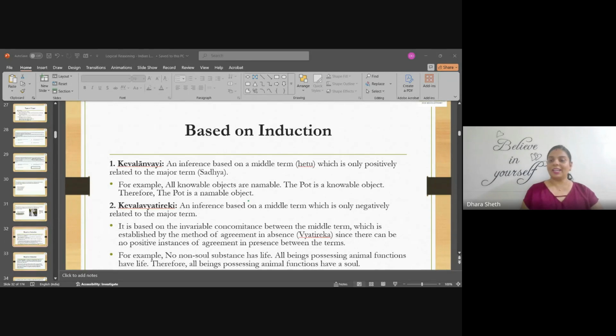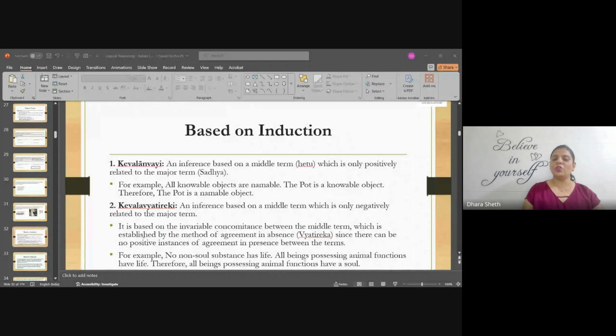Now, when there is a negative relation between the middle term and the major term, whatever we are trying to prove and the reason that we are trying to give, when they are negatively related, it is based on the invariable concomitance, that is the vyapti, established by the method of agreement in absence.